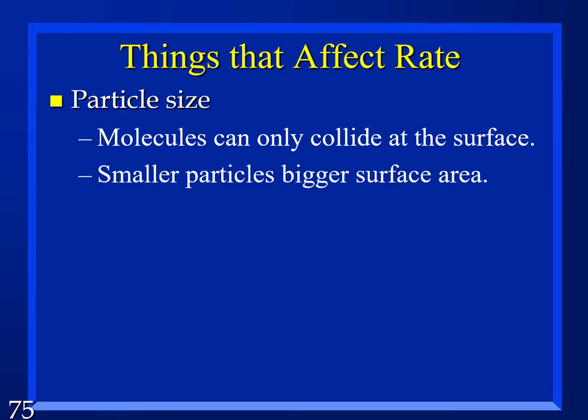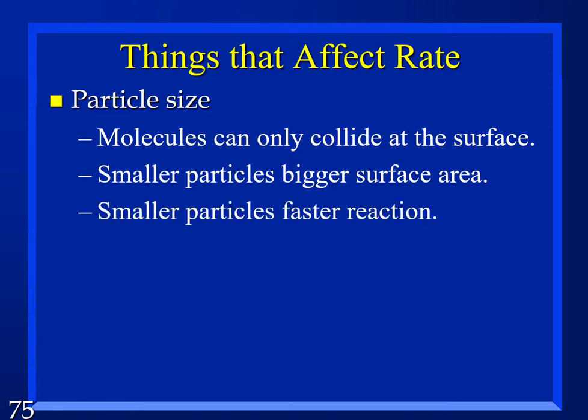So the smaller I make the particles, the bigger the surface area. If I take a big piece and cut it in half, now I've just exposed two new pieces that weren't exposed before. Every time I break it, I expose new surfaces. So if I grind it up, I get new surfaces. So the smaller I can make those particles, the faster the reaction's going to go.